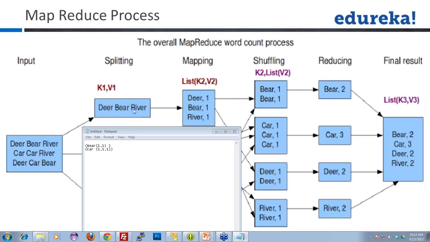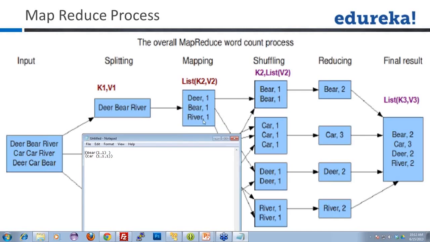But right now, look at it as a single record which has some values. Now this is a list. Everyone understands that, which has key and a value. Everyone agrees when I say list of key and values, right? So deer, bear, river, beer. So this is a list.